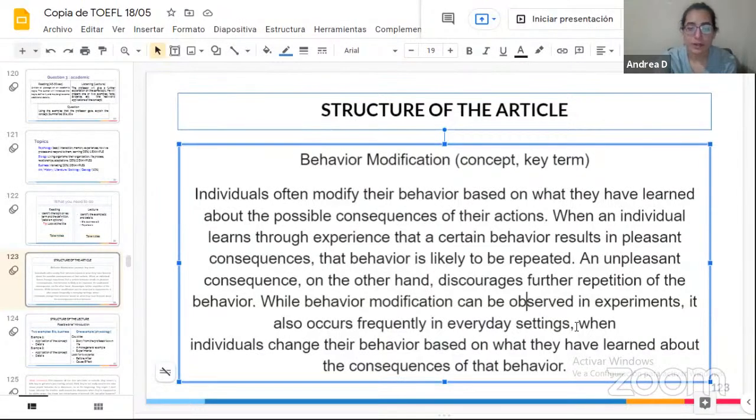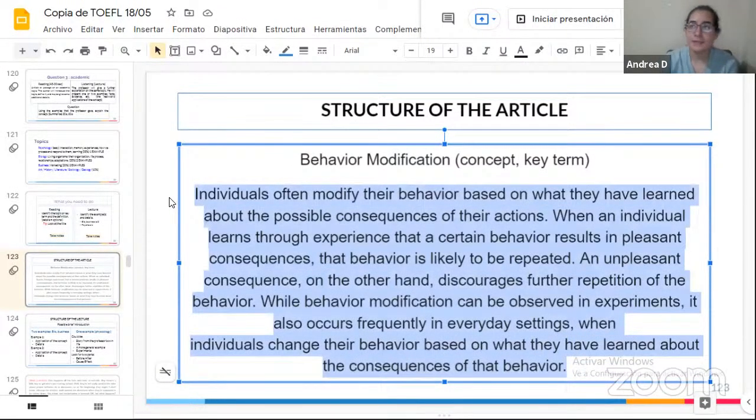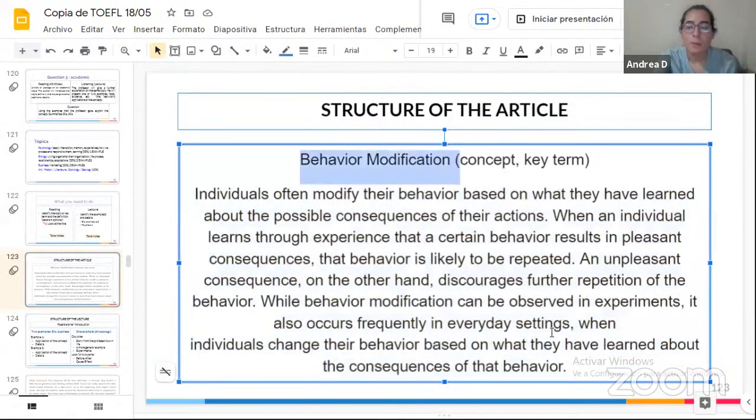Now, what else? When you read, this is going to be an explanation of the title. Of course, this is an explanation of what the topic or the concept is, but there's just one thing that I want you to do here.